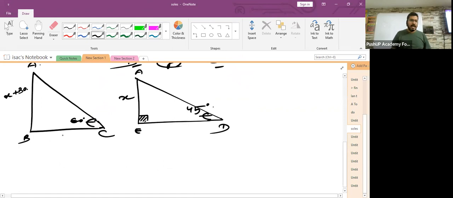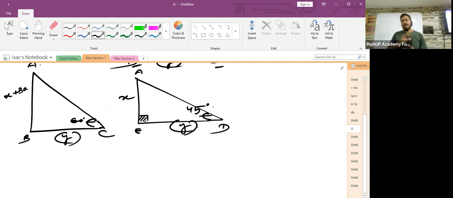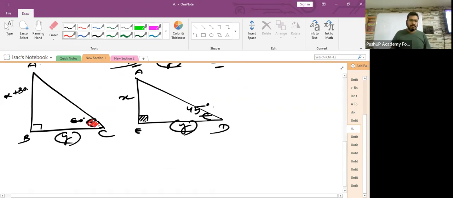So in these two diagrams, can't I label BC and ED as Y each? I'm trying to just simplify your calculations, children, by taking variables.